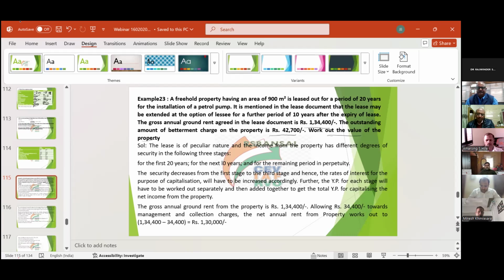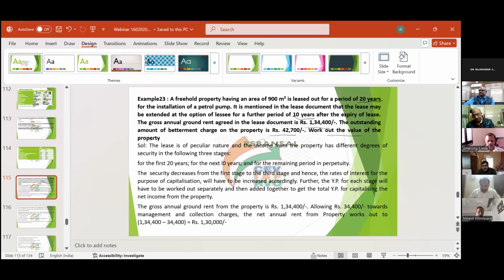See here. There are three things here. First thing is it is leased out for 20 years. After that, it can be renewed for another 10 years.